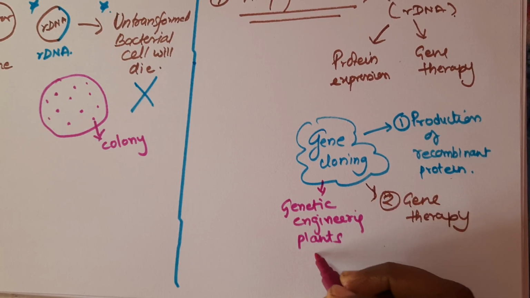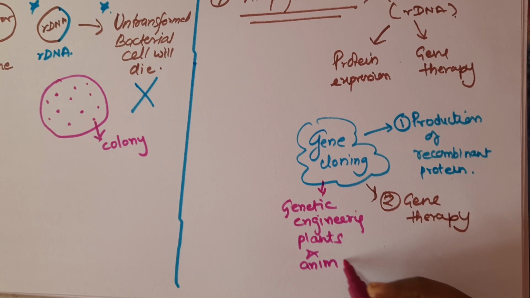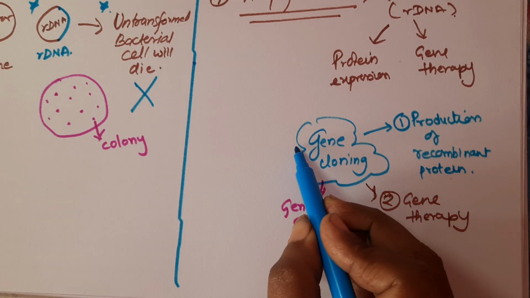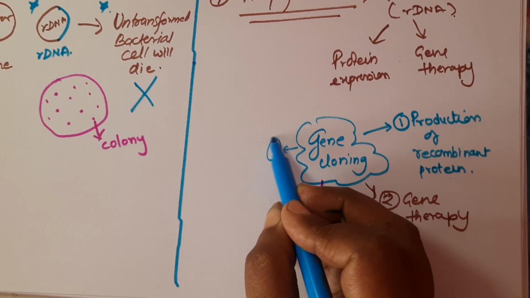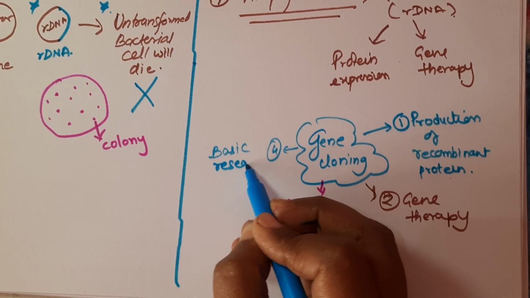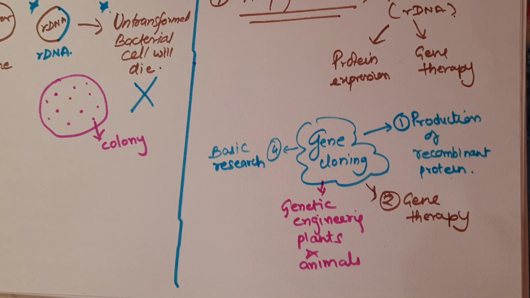If there is a desirable trait in a gene, like stress resistance or immunity boosting tendency, whatever is your interest, based on that we can use gene cloning and transform the species. And last but not least, basic research: sometimes we don't know the function of the gene, so just to find out the gene function and to characterize it, we will do the gene cloning process.